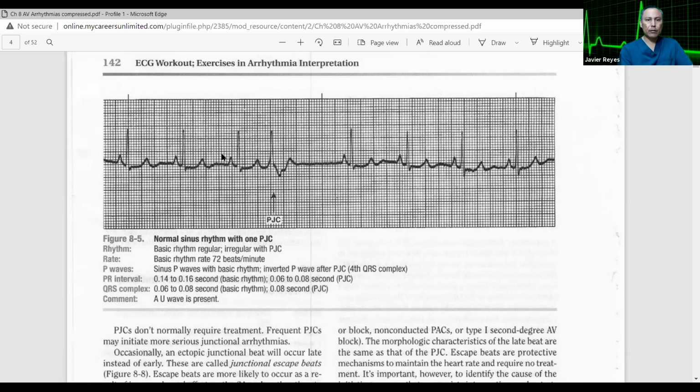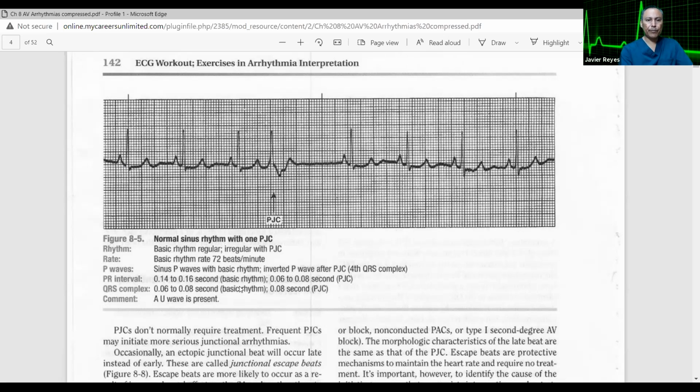The P waves are all normal except for that one. The PR interval, when measurable, should be between 0.10 and 0.20. It's all good except for that one. The QRS complexes all look pretty good, between 0.06 and 0.10.